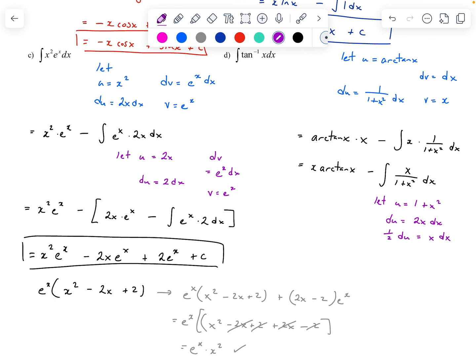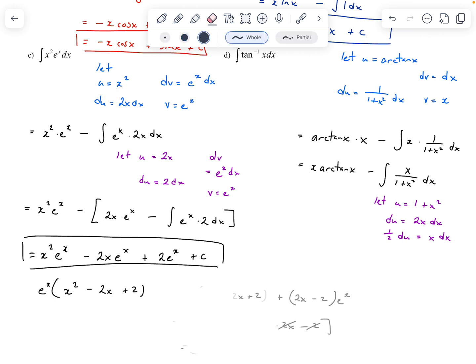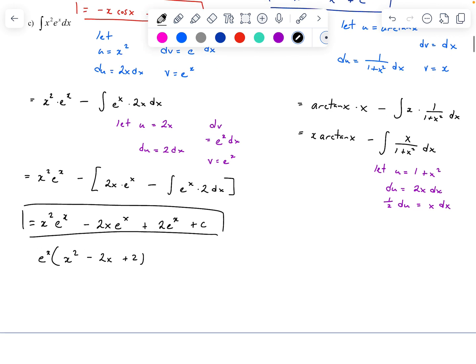And maybe I shouldn't use the letter u over and over, but I'm going to. You can't stop me. Let me erase my check from the question before. And so this becomes x arctan x minus x dx gets replaced with 1/2 du, and that's 1 over u.